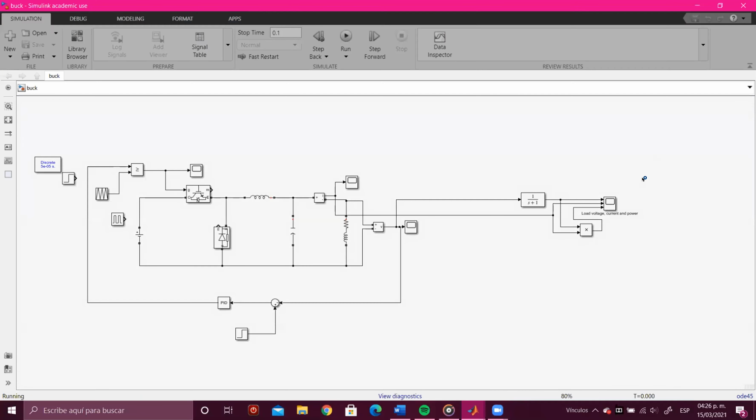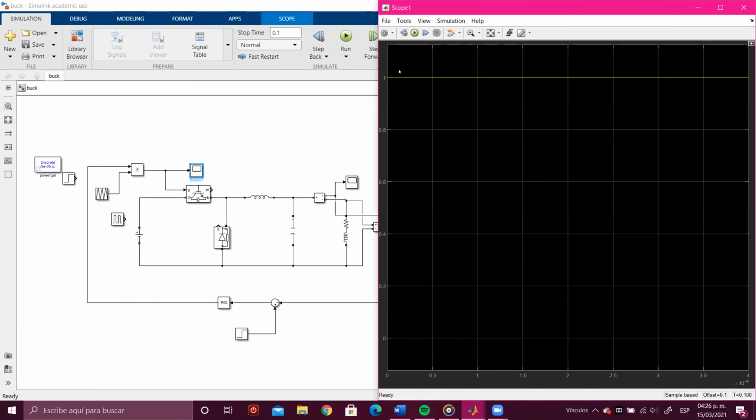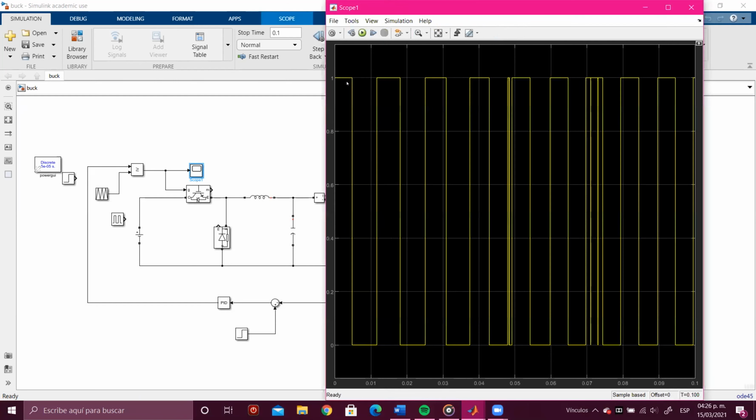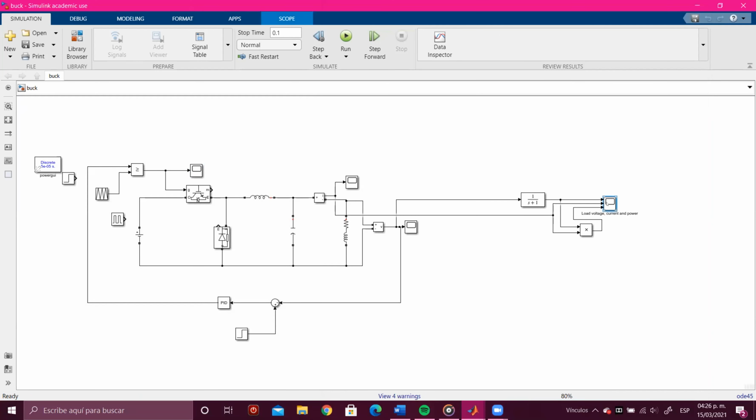We run it, and first we're going to see in the voltage that, as in the chopper, it goes to the voltage source and then decreases to zero. All the same. And what's interesting is here.